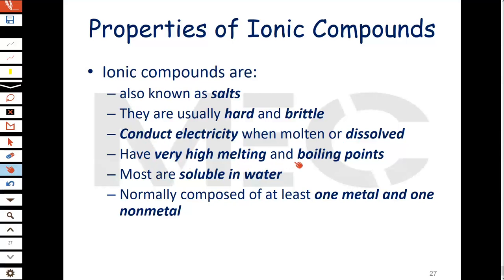They have very high melting and boiling points because the force applied between the particles is a strong electrical force. It is difficult to separate the ions from each other. That's why they have a high melting point and boiling point. For example, edible salt, I think it is above 1,000 degrees Celsius, if I'm correct.